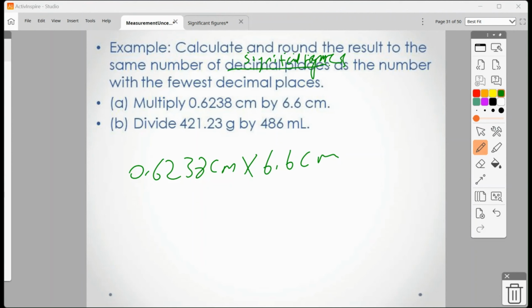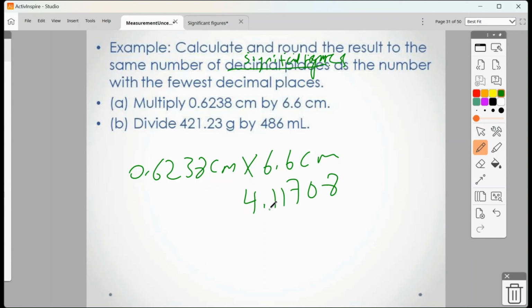Okay, 0.6238 centimeters times 6.6. The answer is 4.11708.